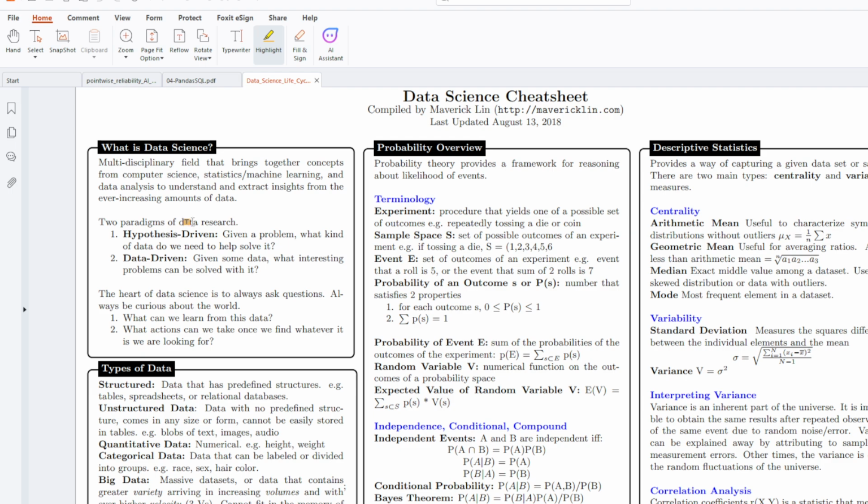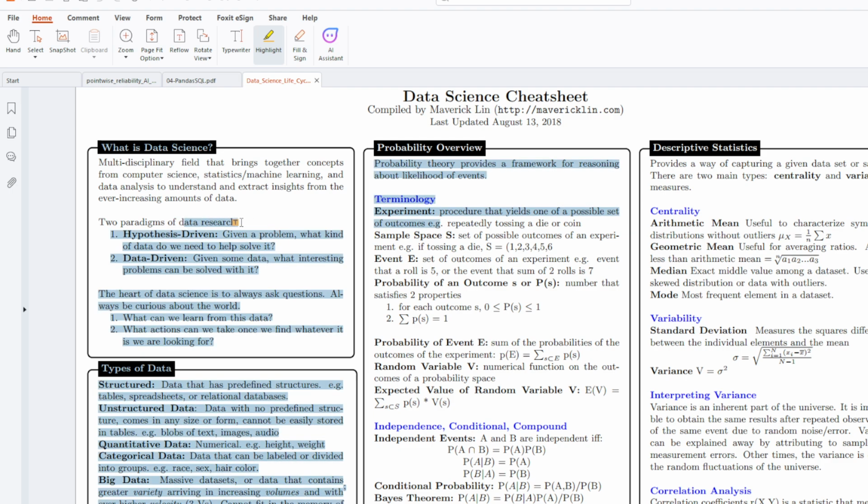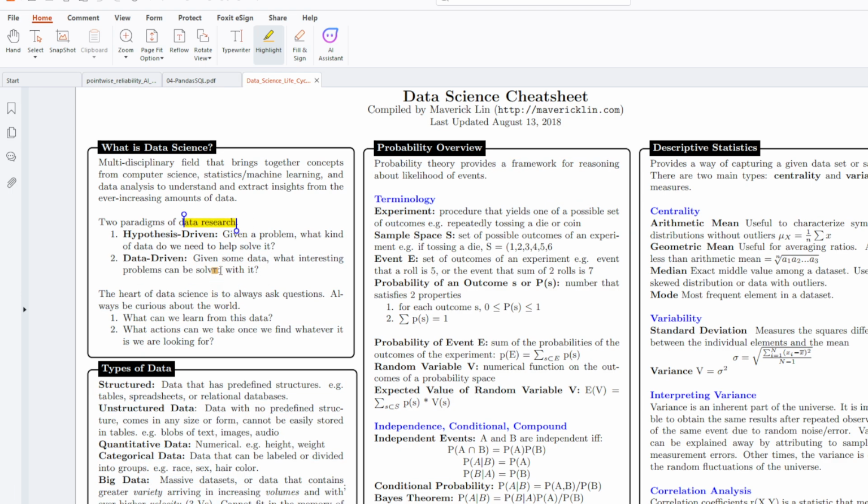Remember in our last class, I talked about how you are always trying to answer questions. There are research questions you want to answer. In order for you to answer a research question, there must be a hypothesis. In a given problem, what kind of data do you need to solve it?